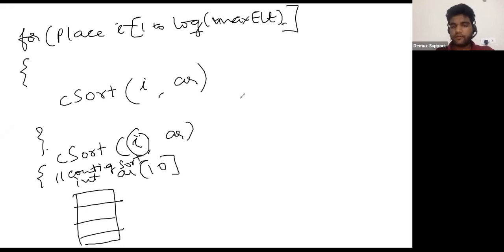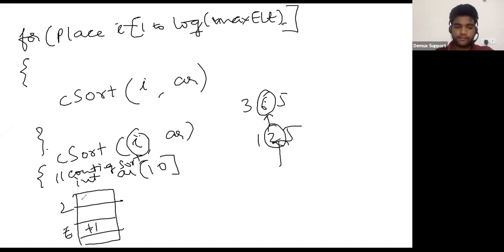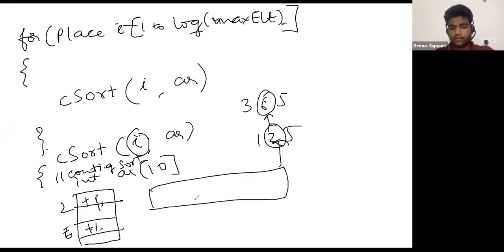So if you take 365 and you're counting on the basis of this digit, the sixth place will increment by 1. Then you have 125, then in the second place, let's say this is 2, the count will increment by 1, and so on. Once you have the counts, you can either create a new array, or you can do it in place. You can arrange these elements.